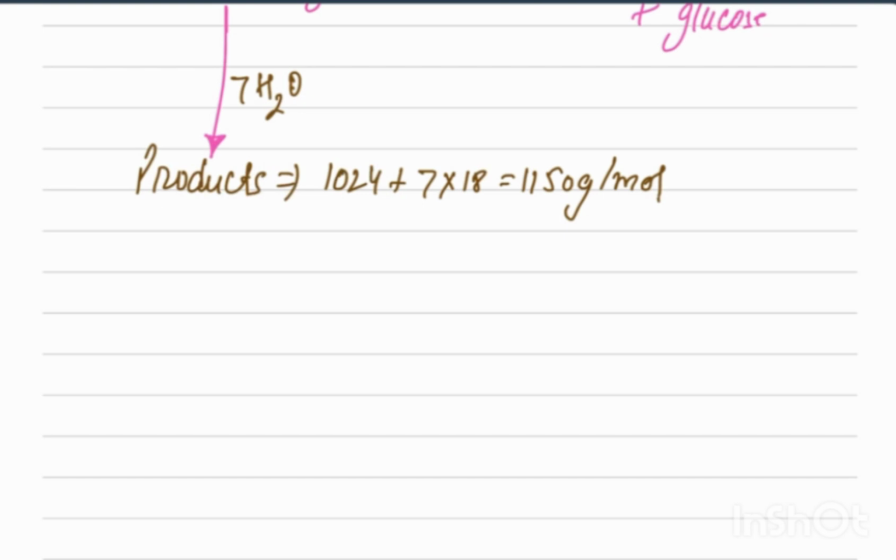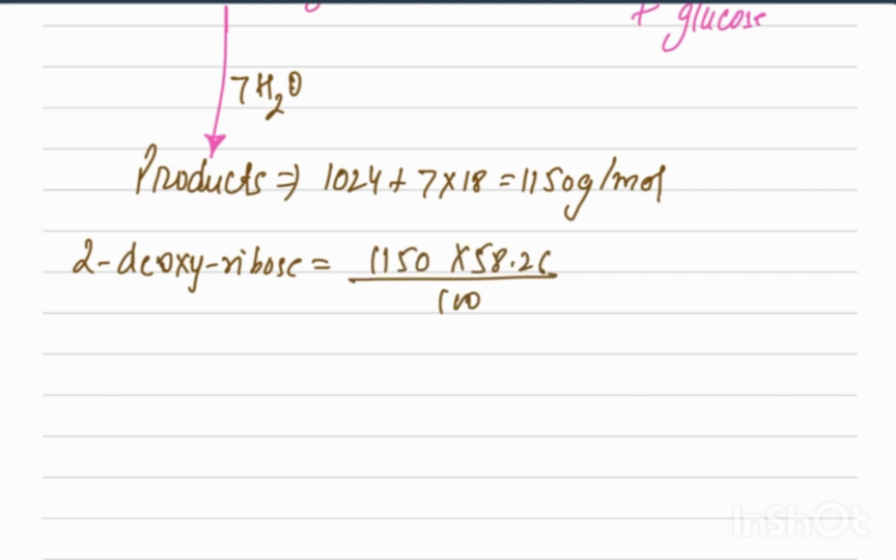Now the mass of 2-deoxyribose in this mixture will be 1150 into 58.26 divided by 100, as it is given that 58.26% weight by weight is 2-deoxyribose.